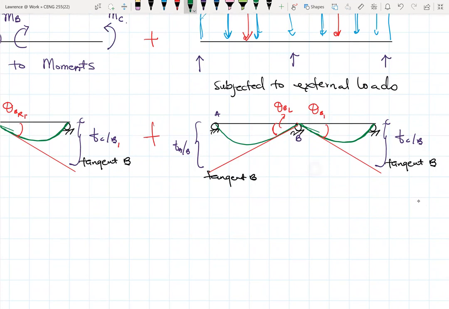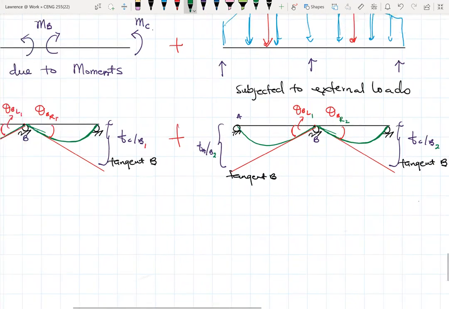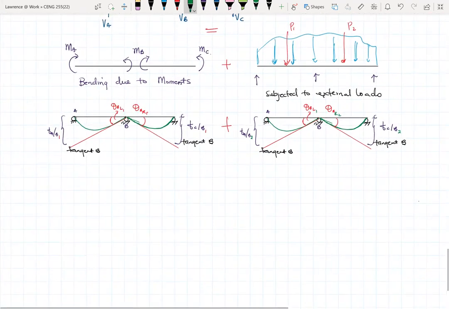So this becomes theta B L2, theta B R2, sorry, theta B L1, and this is t AB2, and then t CB2. What this simply means is that the whole of theta B L is simply theta B L1 plus theta B L2.